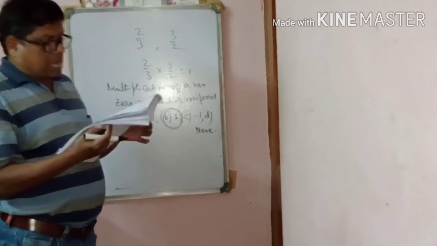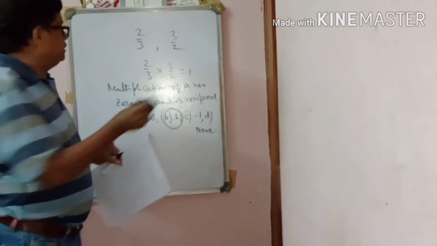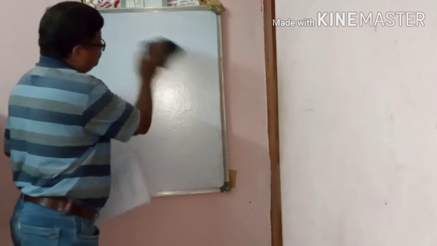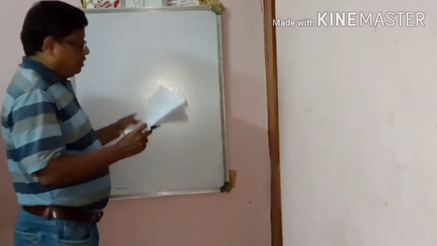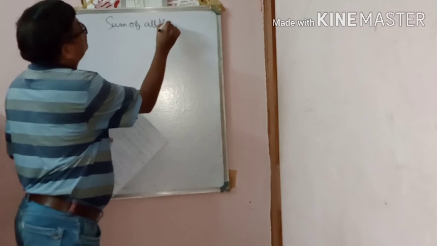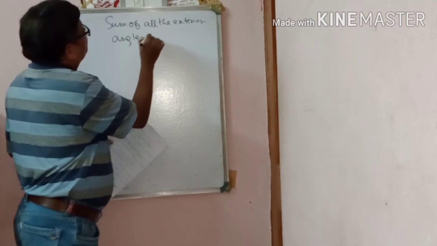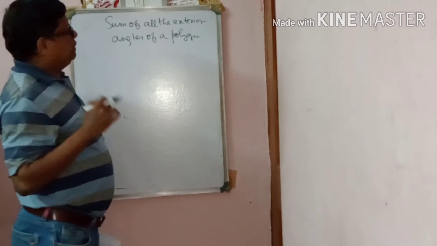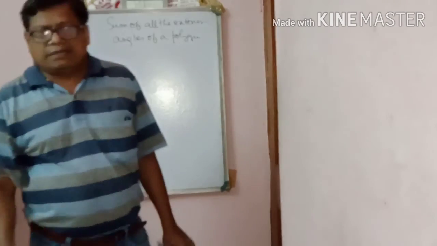Next, geometry part. The sum of all the exterior angles of any polygon is: 180 degree, 360 degree, 90 degree, none of these.